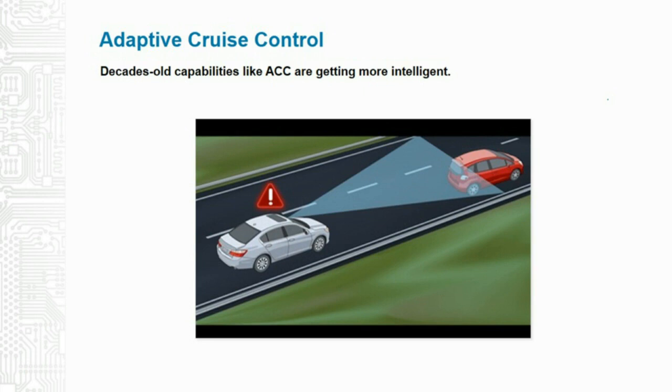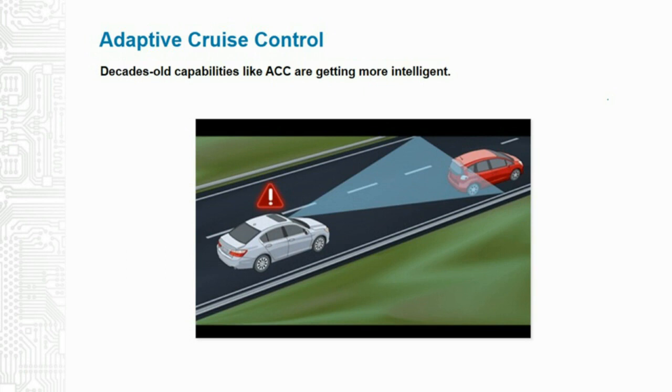It judges where the car ahead is. It determines what the speed of the two vehicles are, and it does what it needs to do in terms of accelerating or braking to maintain a given distance. So it's more distance dependent than it is speed dependent. It's installed in the front of the vehicle. As I said, it monitors the road ahead, and as long as everything is clear, it maintains the speed set by the driver.